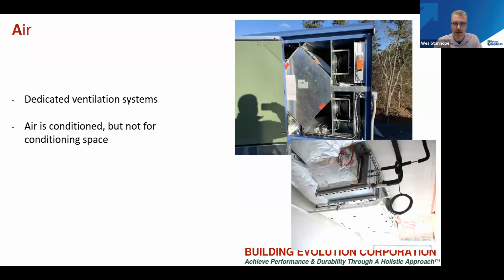And it should have a conditioning system in it. In the bottom right photograph, you'll see a DX coil. That's from a heat pump. That's for conditioning the ventilation air, to temper it, to cool, to heat, and to dehumidify the air, reduce the moisture content, but it is not for actually conditioning the space.